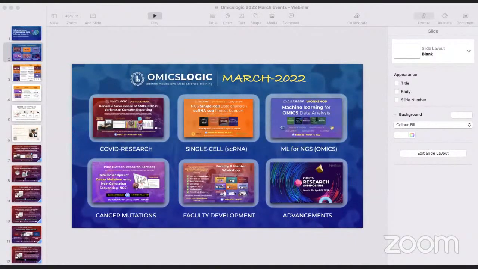And that would be followed by machine learning for omics data analysis, which starts the next week, March 15th, Tuesday to Thursday, March 17th, where we will go through how machine learning is applied in these different studies and applications where we use high dimensional data to analyze and get insights.